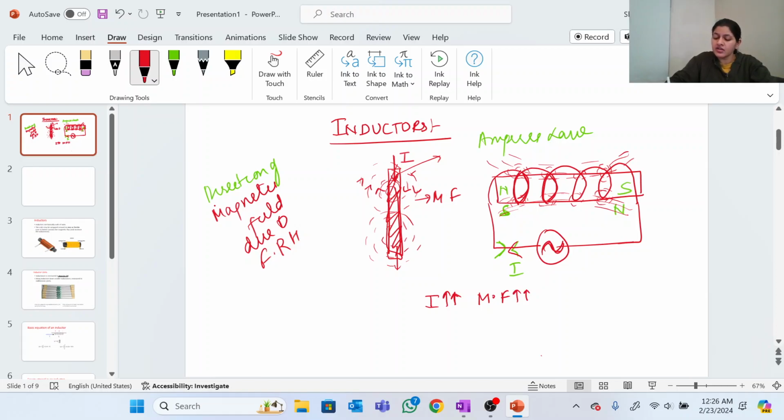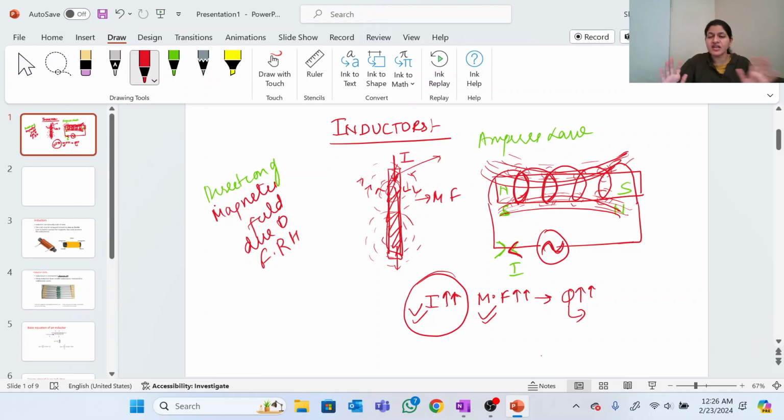As you keep increasing the magnitude of this current, the magnetic field across this electromagnet can be enhanced, and therefore a flux is created because of that.